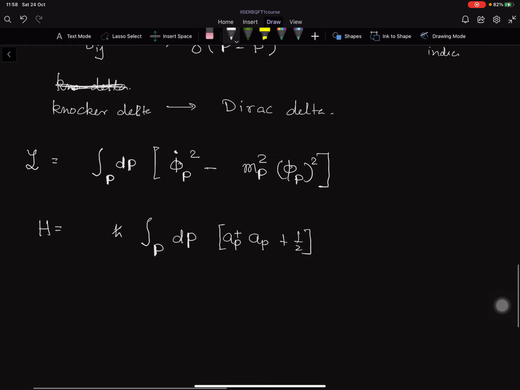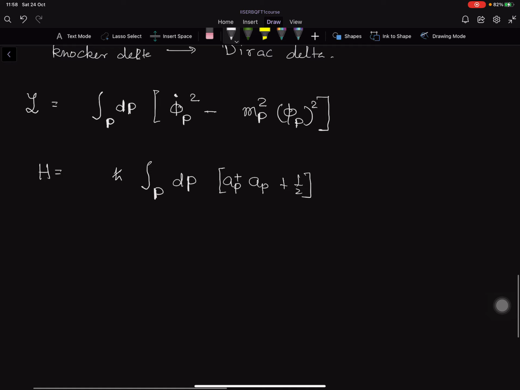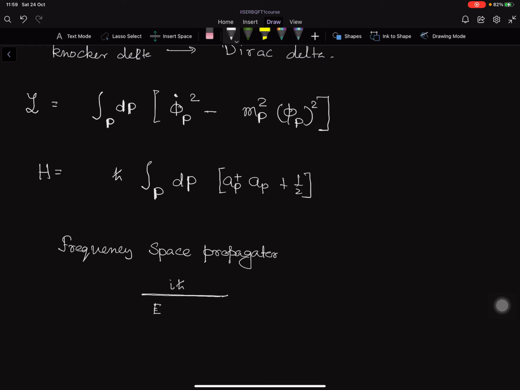Okay, then this means that the frequency space propagator will simply become ħ over ω² minus m_p squared, and then δ(p minus p prime).